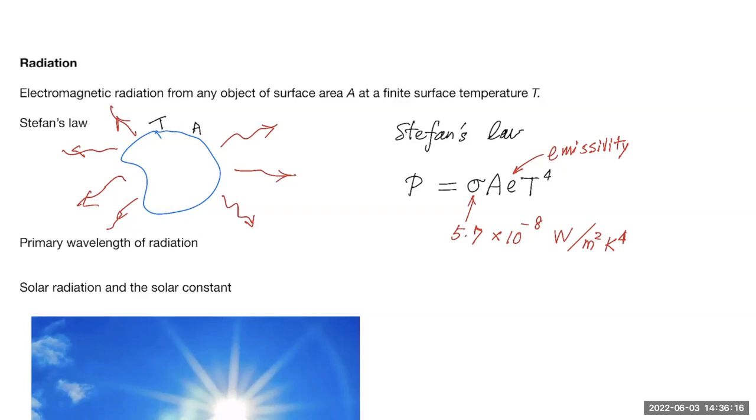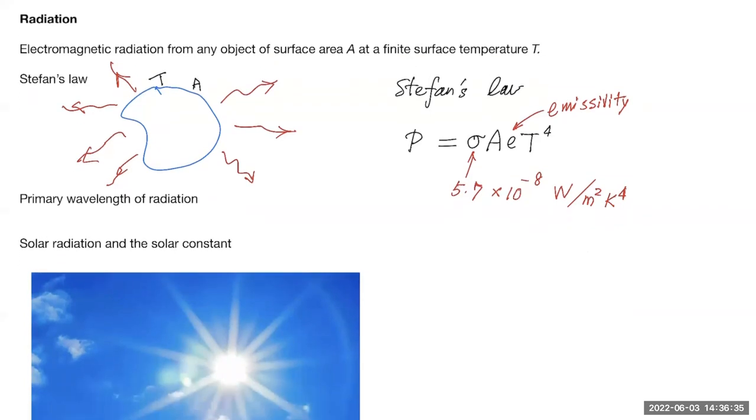That's what's called a white body. These are two extreme cases. In the real world, e is a number anywhere between 0 and 1, and that's called a gray body. So every real-world object is a gray body, somewhere between a perfect white body and a perfect black body. That's the definition of these numbers.